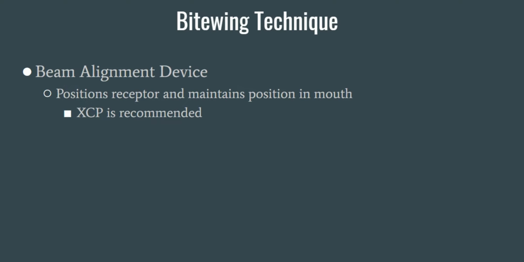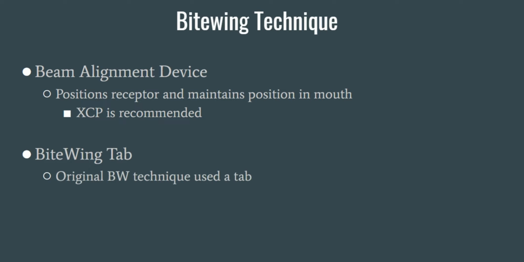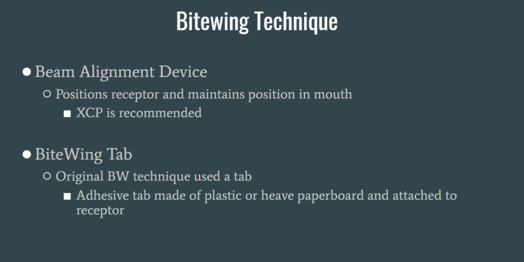You can also use something called a Bitewing tab. And this was the original Bitewing technique. It just used the tab. Before they were able to have XCP for this technique, they just used this little tab. And what this tab is, is just an adhesive tab made of plastic.